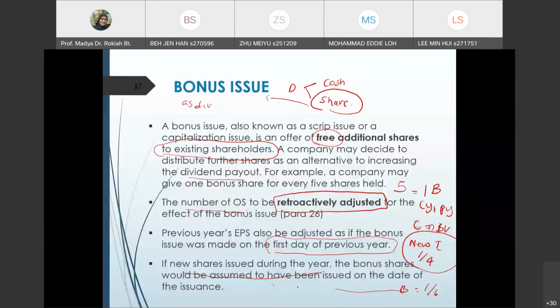So you need to be careful with the dates. When is the new issue, and when is the bonus? If the new issue is before the bonus announcement, the new issue is entitled for the bonus. If the new issue is after the bonus announcement, the new issue is not entitled for a bonus.